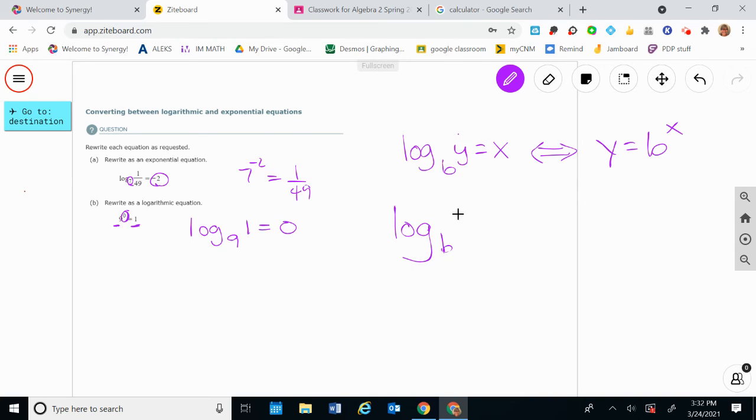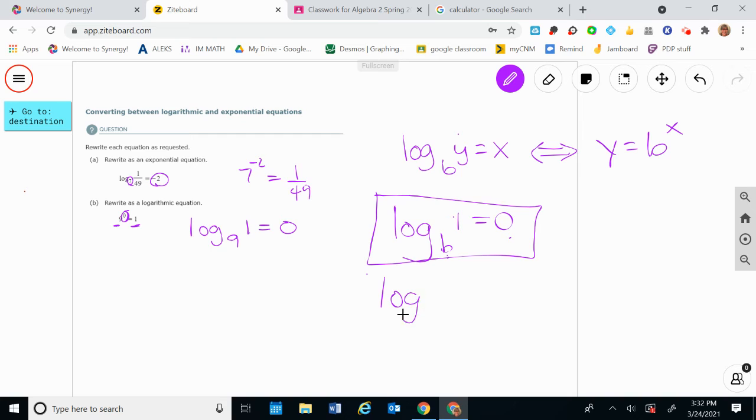Log base b of 1 is always going to be 0, because b to the 0, no matter what base, it could be a million to the power of 0, is always going to be 1. So this is one of the log rules.